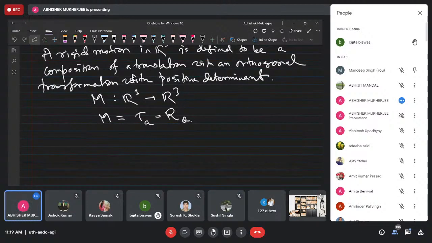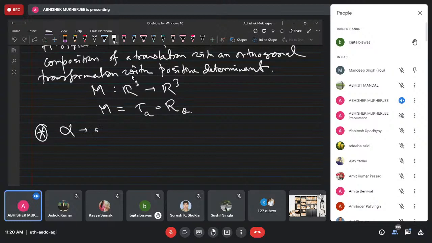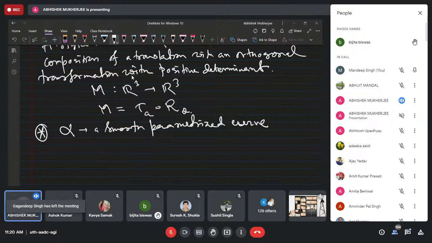Okay, and you will observe that this kind of map will give you some information: if you take a smooth parametric curve alpha, and apply a rigid motion to this curve, then it will preserve the arc length.